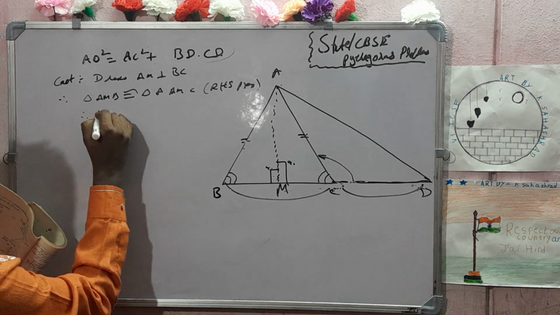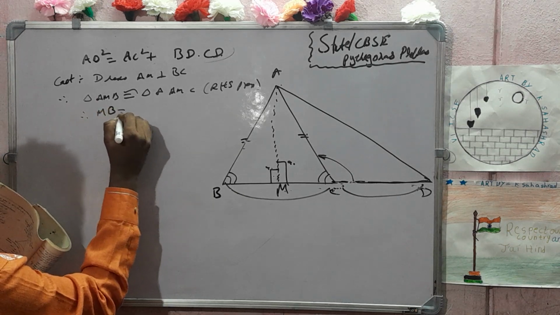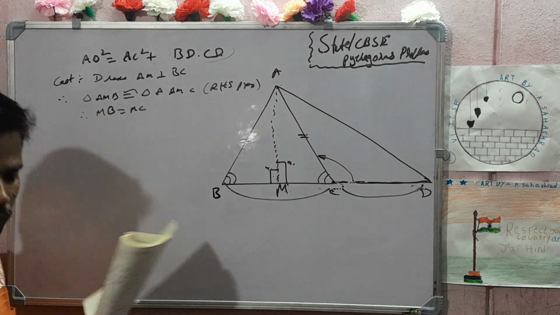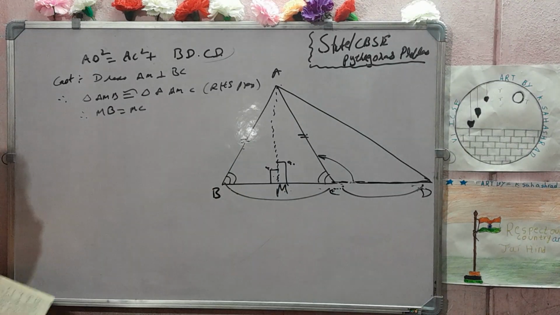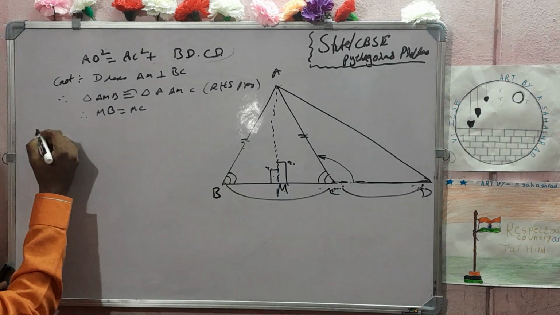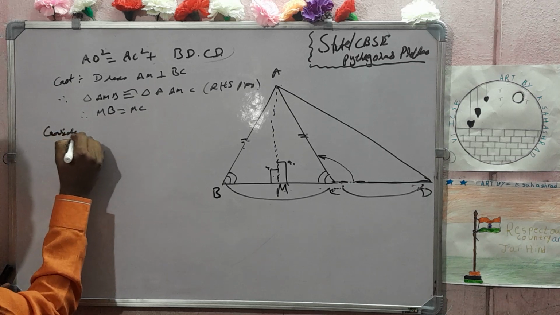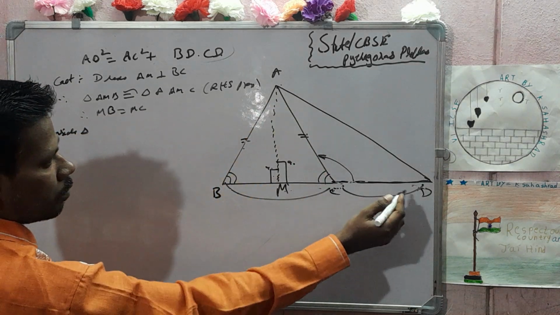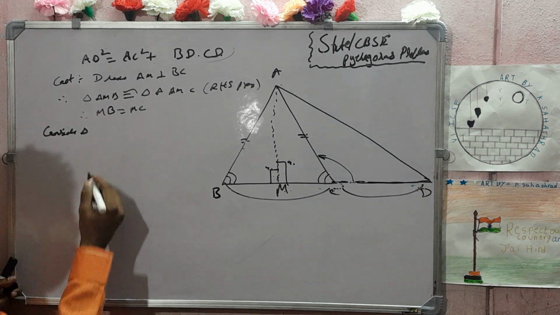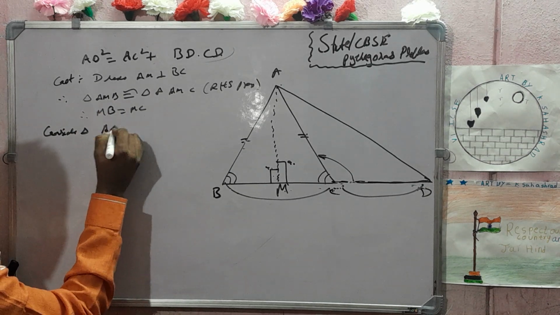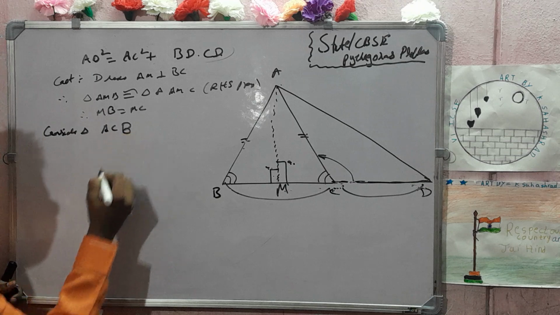Therefore, what can you say? MB is equal to MC. Now consider triangle ACD.